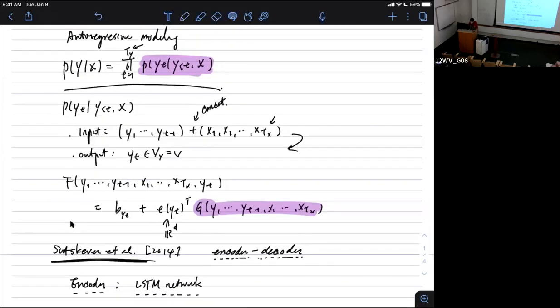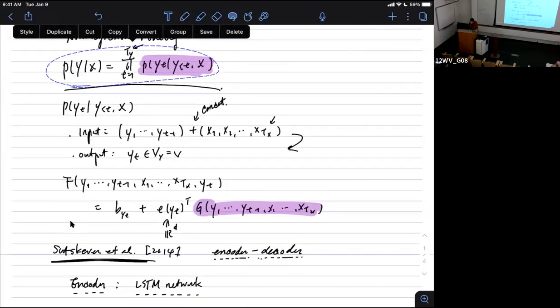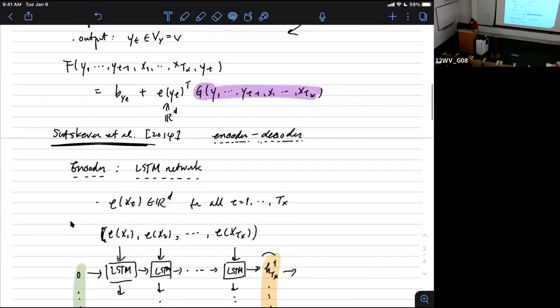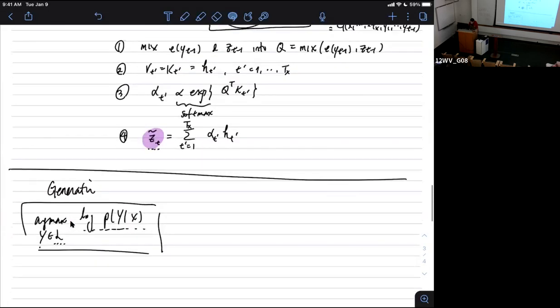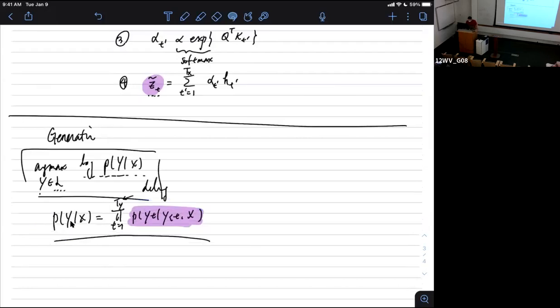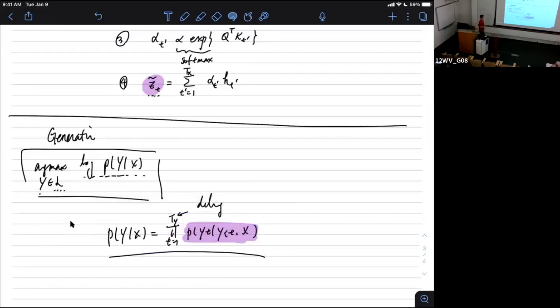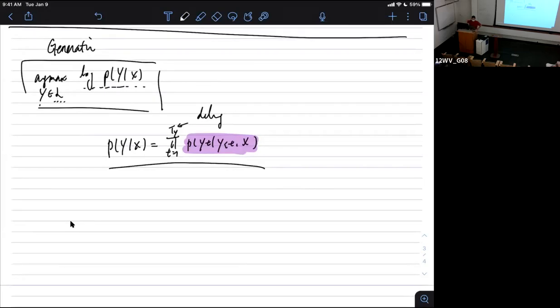So what you just told me is that since this probability over y, the translation, can be written down as the product of the next word probabilities, what this actually implies is that we have decided that there is a particular chain-like structure.